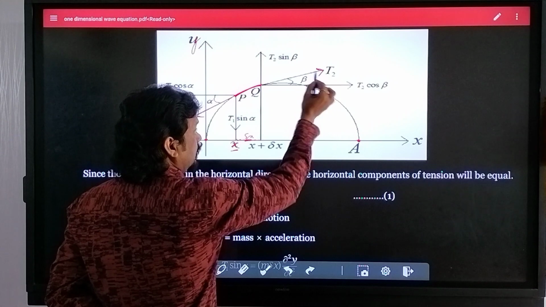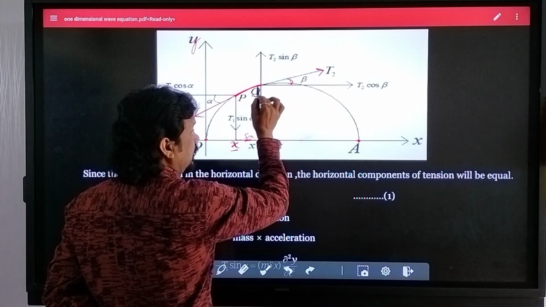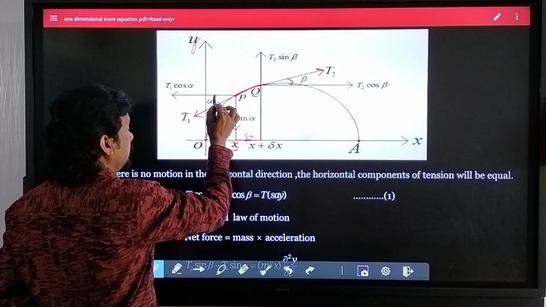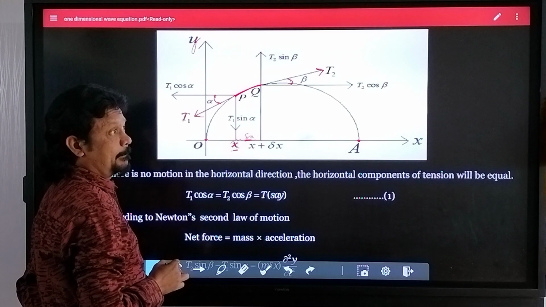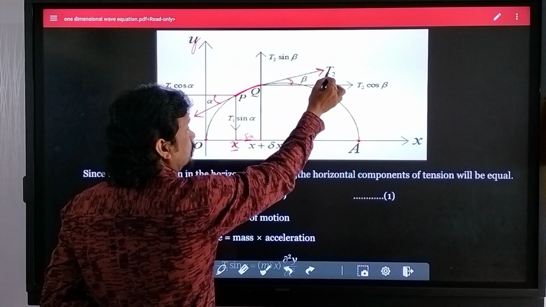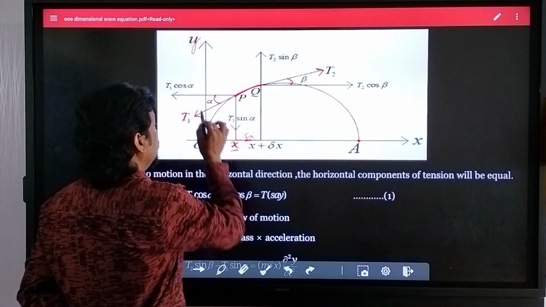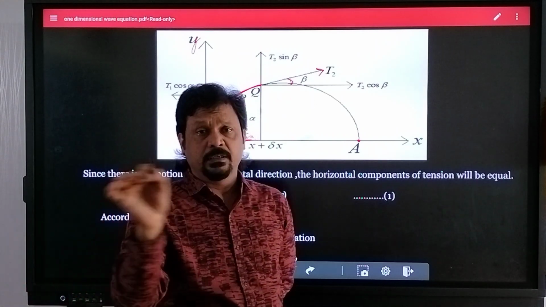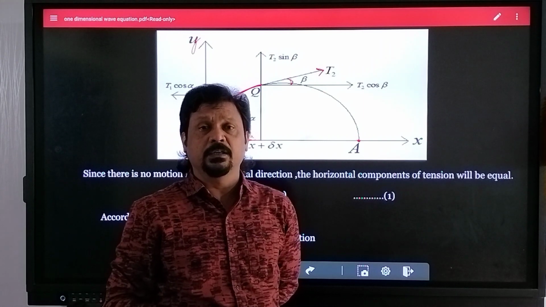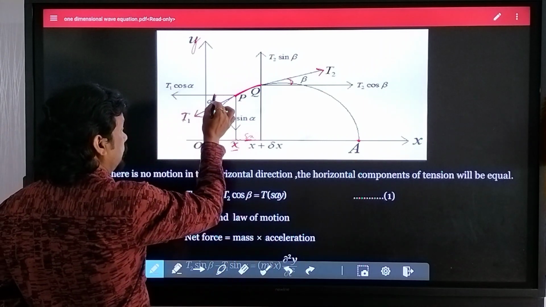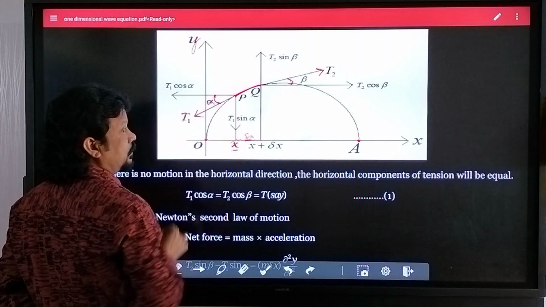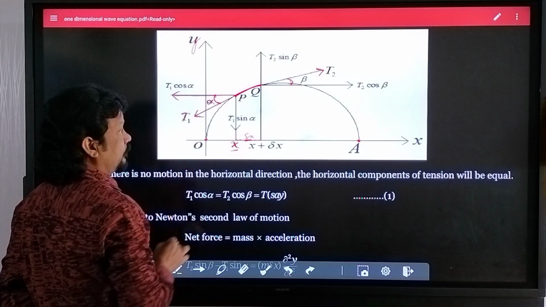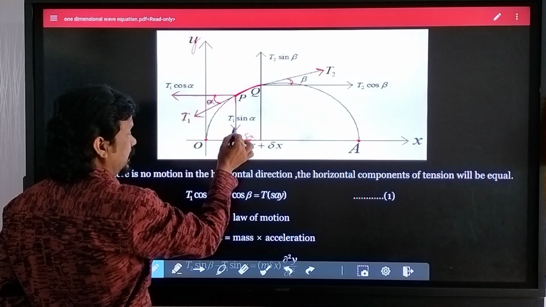Let the tension T2 make an angle beta with the horizontal, and the tension T1 make an angle alpha with the horizontal. Let us resolve T1 and T2 into rectangular coordinate components, that means one vertical component and another horizontal component. The component attached to alpha will be cos, that means T1 cos alpha, and the other component will be T1 sin alpha.